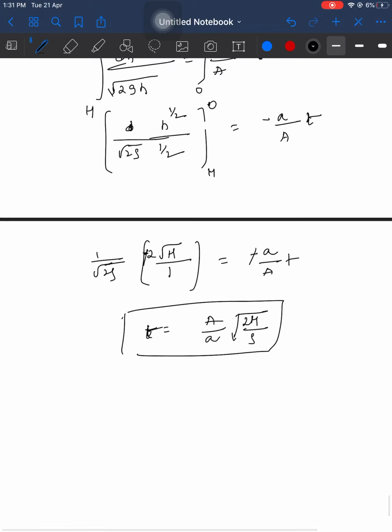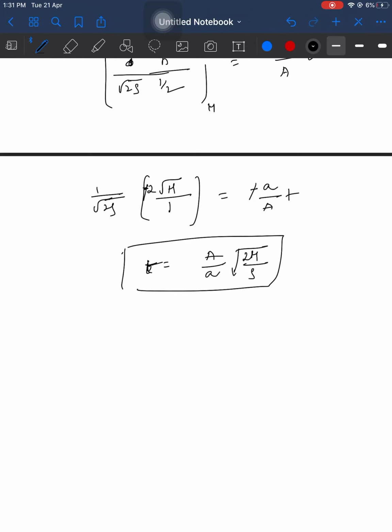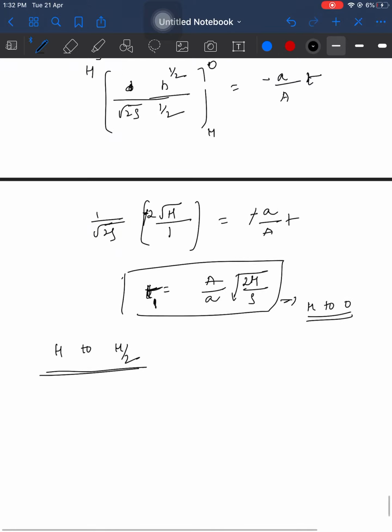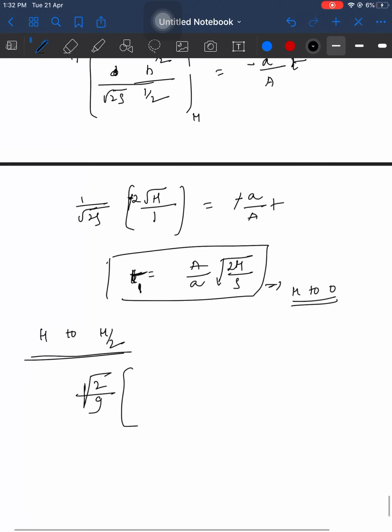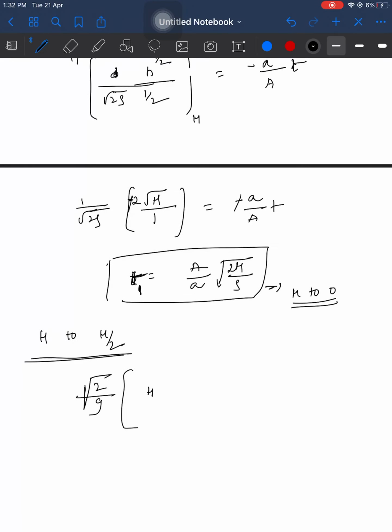Now from initial height h to 0, this is the time t1. Find the time from h to half of the tank, h to h by 2. See the limits: 1 by root 2g, root 2 by g, h power 1 by 2, from h to h by 2, is equal to minus a by capital A into t.